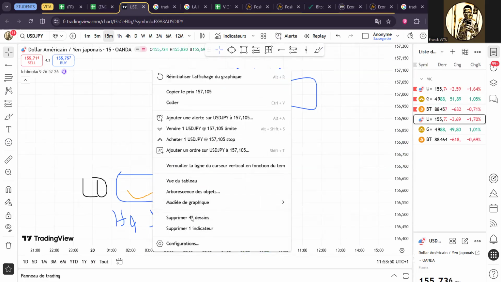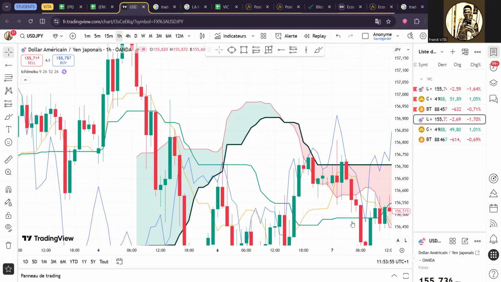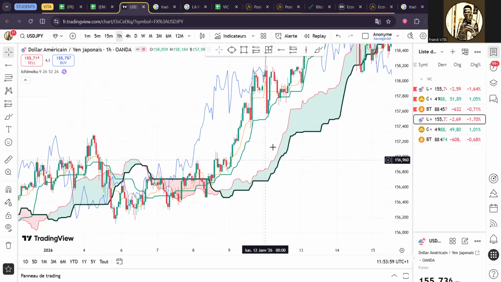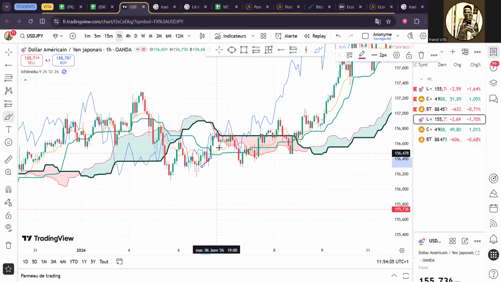Let us look at, for example, the 1 hour. You see, for example, this one, we had the linear orientation of Tenkan. Then we had TK cross. When TK cross happened, Tenkan started to bend to the downside. Don't be afraid. There is no worry for you to have.